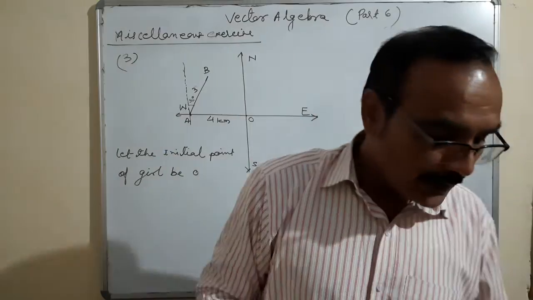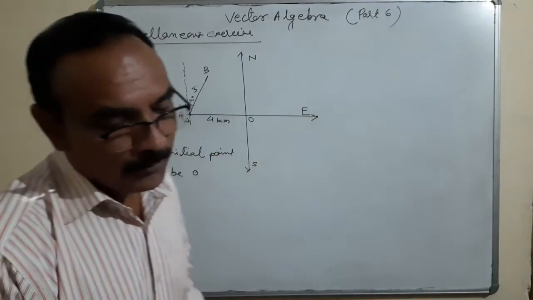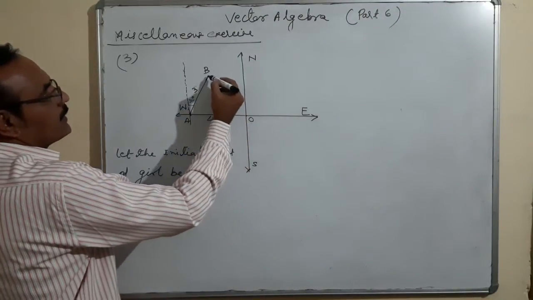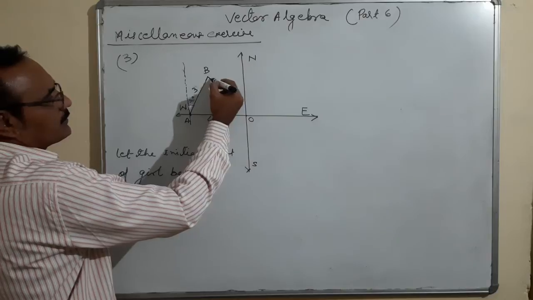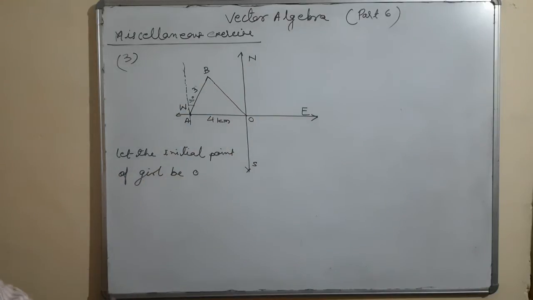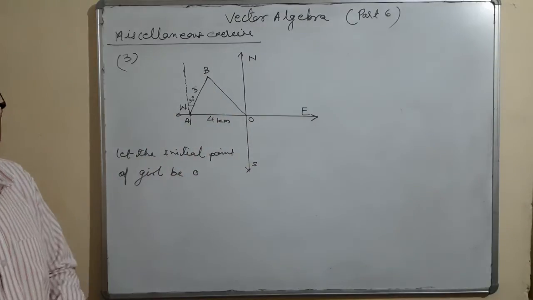And the diagram is okay. Determine the girl's displacement from her initial point to the departure. So this is the initial point and this is the final point. So actually we are going to find the displacement, the distance from O to B, right?